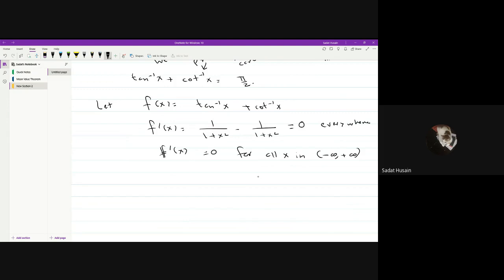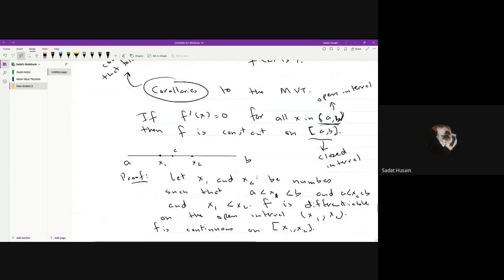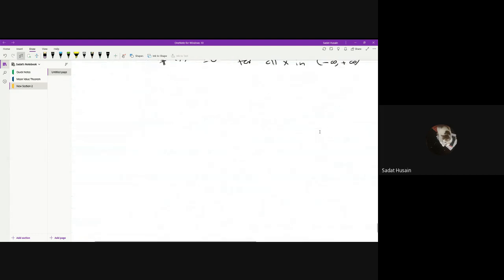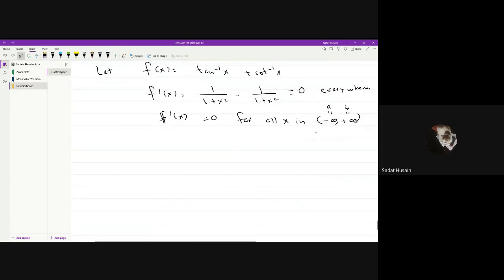So this is my a equal to minus infinity and b is equal to plus infinity. So what does the corollary say? If this is equal to 0 for all x in a and b, then f is constant on the interval a comma b. And then f is constant on, okay, let's write f of x.